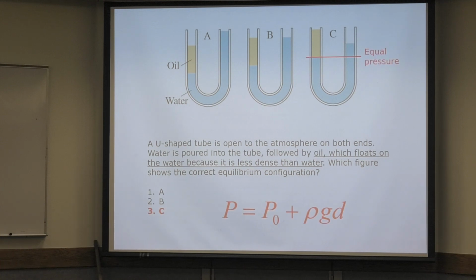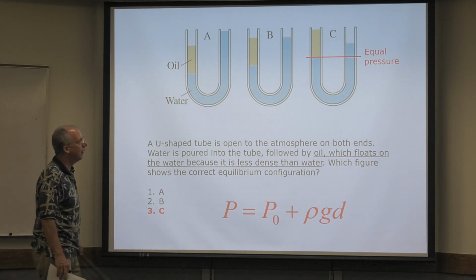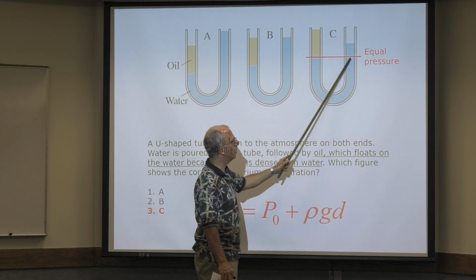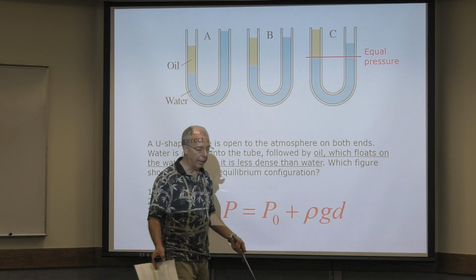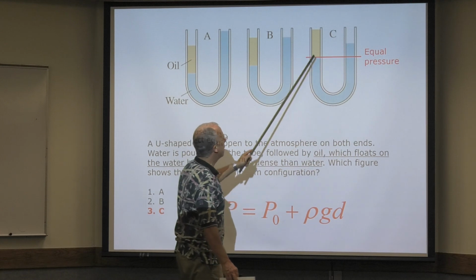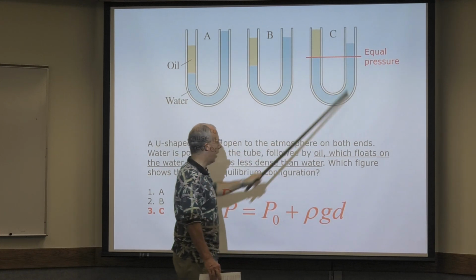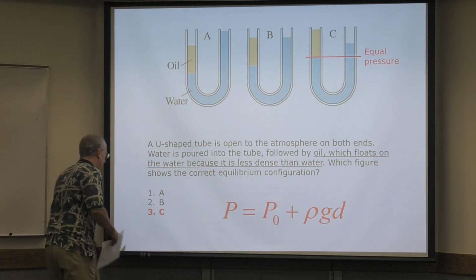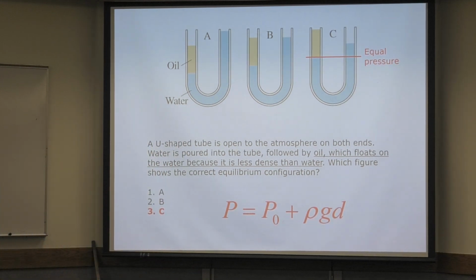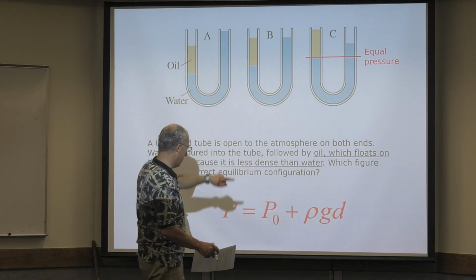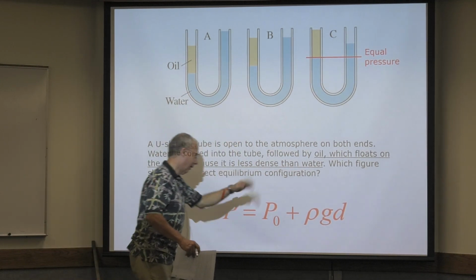So the answer is C. Why? This is water, this is water. You draw the horizontal line, equal pressure. Now, why is there more oil here than water? They're both open to the atmosphere, so this is atmospheric pressure, and we don't care about that.